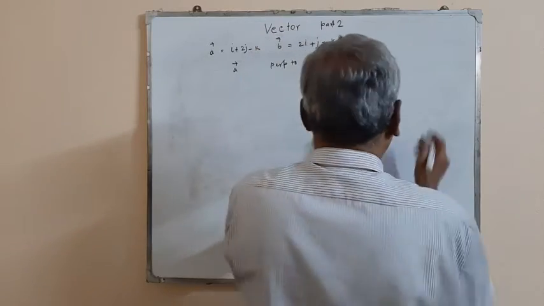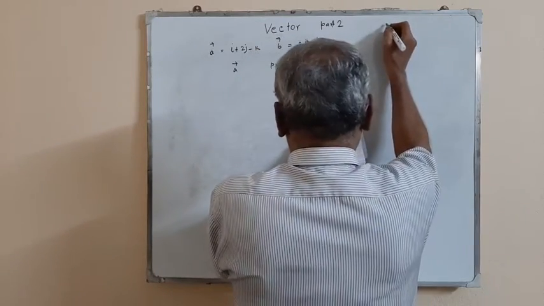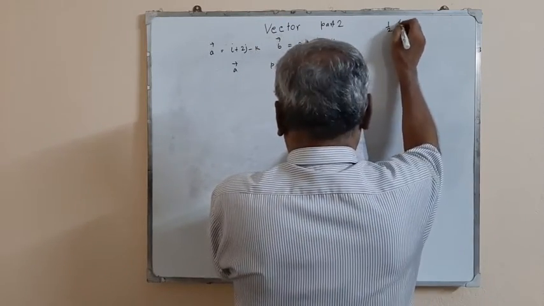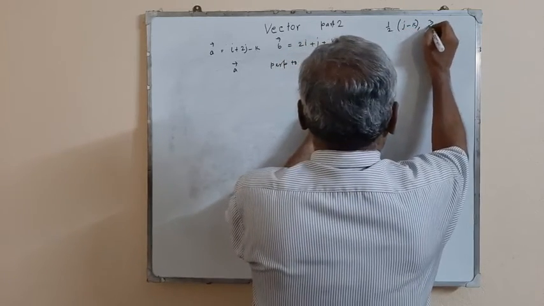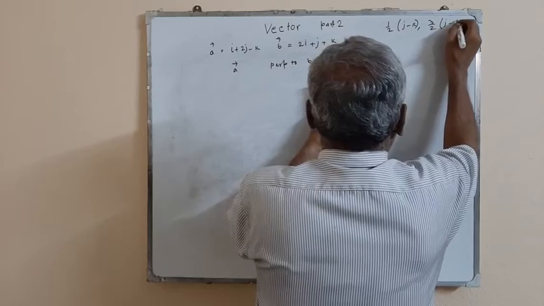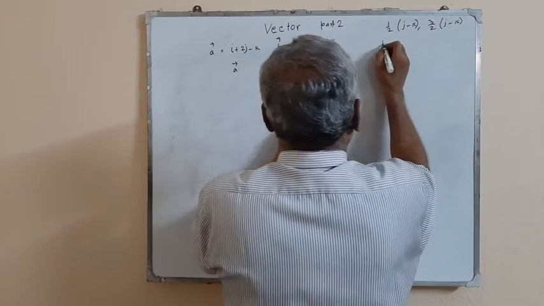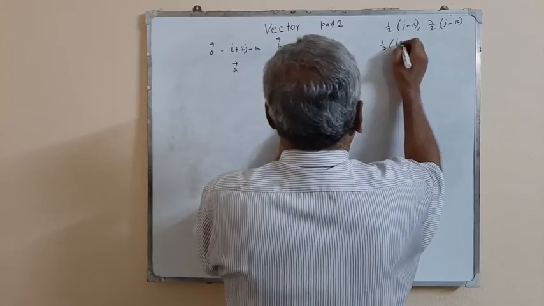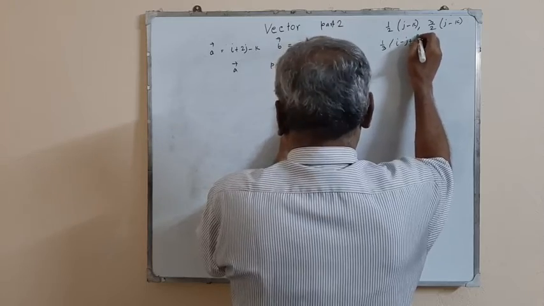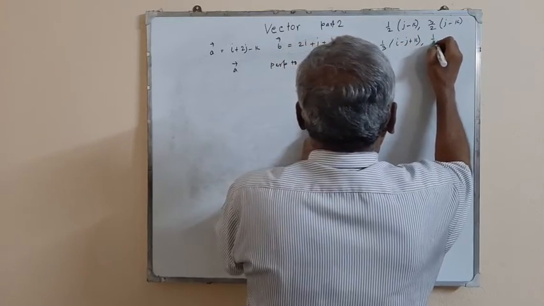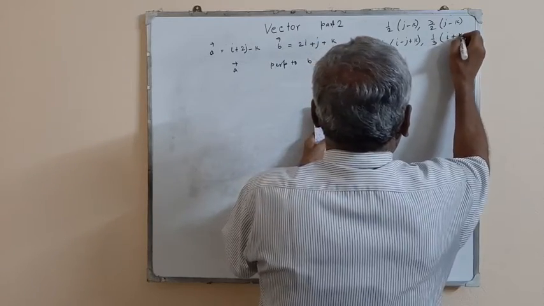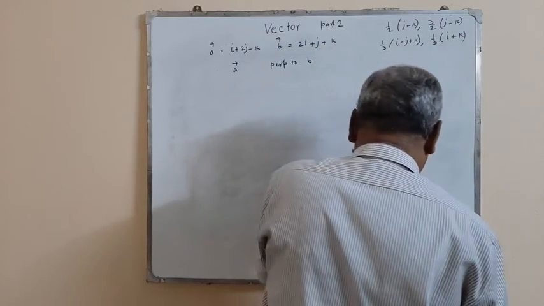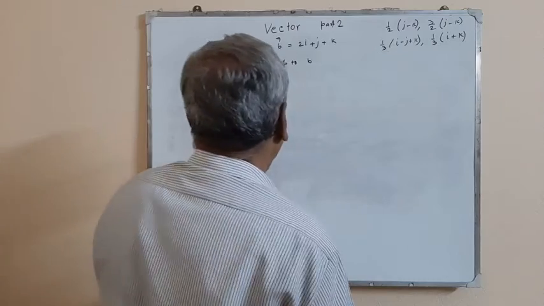The options are half j minus k, 3 by 2 j minus k, 1/3 i minus j plus k, and 1/3 i plus k. So let us see the problem.